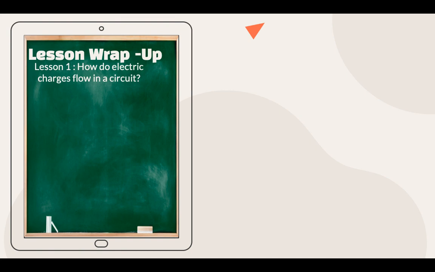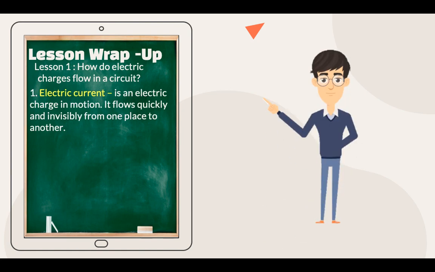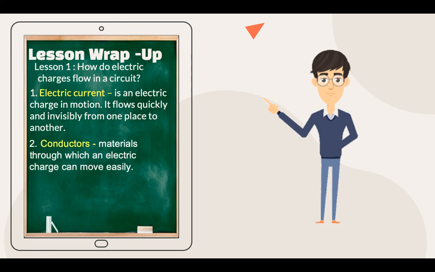Before we end this session, let us first have a wrap-up of what we discussed today. We have said that electric current is an electric charge in motion. It moves quickly and invisibly from one place to another. Second, we discussed that conductors are materials through which an electric charge can move easily.